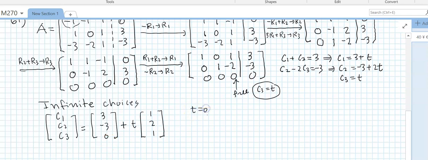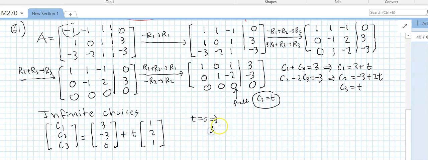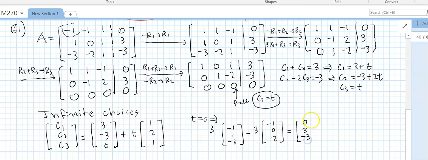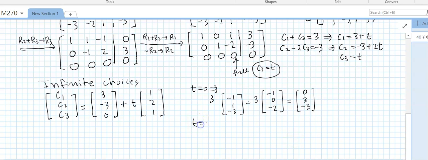T equals 0 means 3 of the first vector, -1, 1, -3, plus -3 of the second vector, -1, 0, -2, will give me 0, 3, -3.